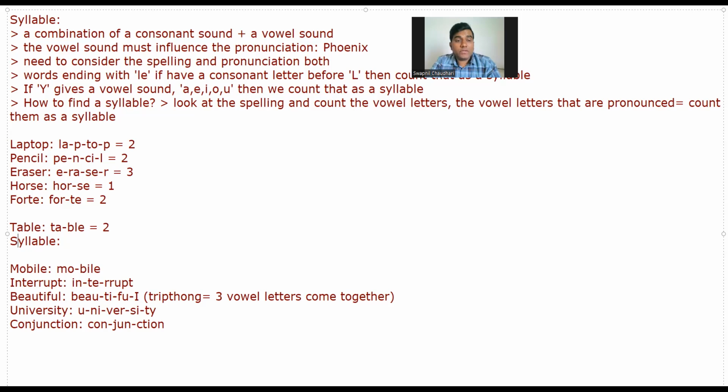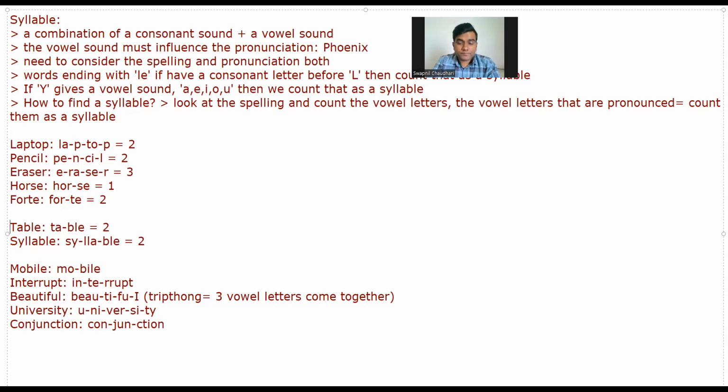So how many syllables over here? One. Now we are not going to count this highlighted area, the L, no. And then the last one. Okay? So if we break this word down, syllable, it has two syllables.